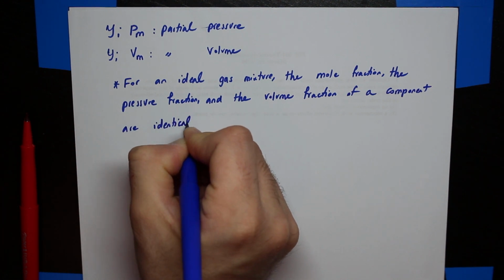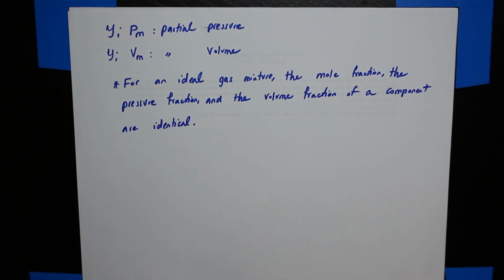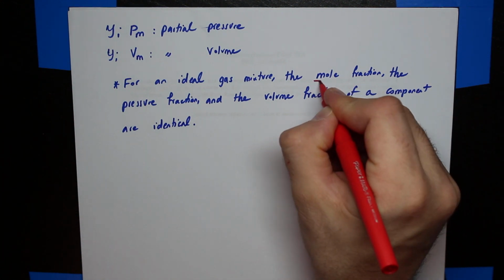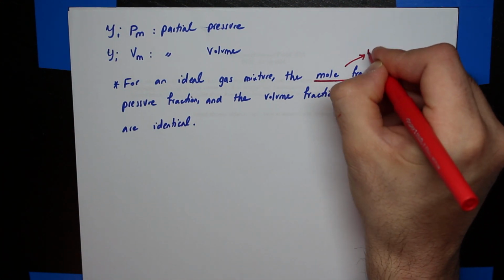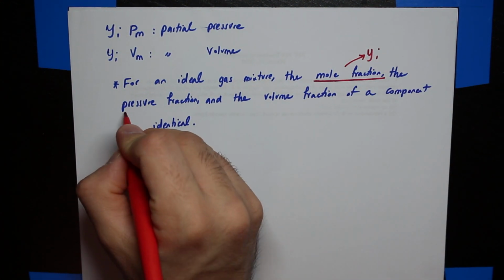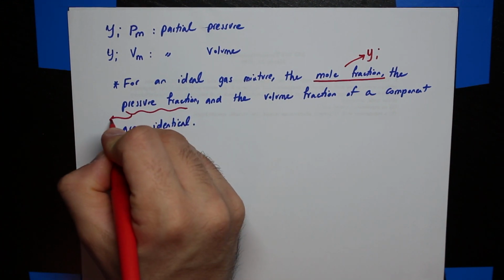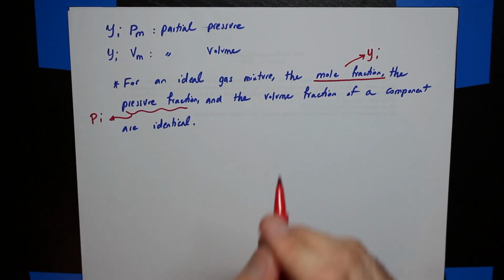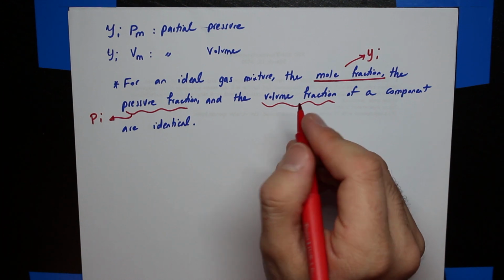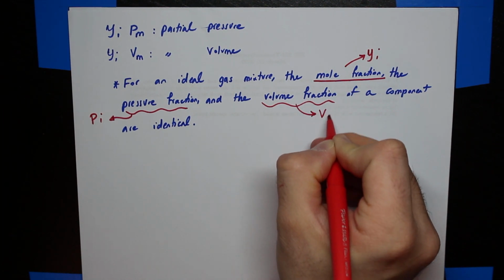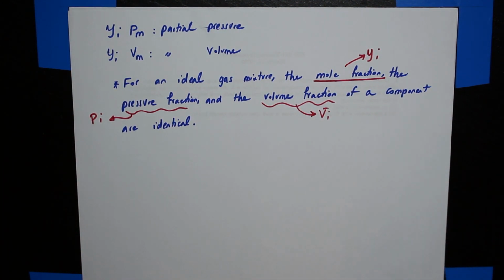All of them are the same value. Value-wise, they are all the same. So we show the mole fraction with yi, the pressure fraction with Pi, and the volume fraction with Vi. All of them are the same for a component in an ideal gas mixture.